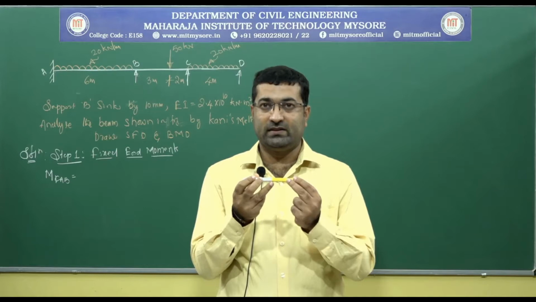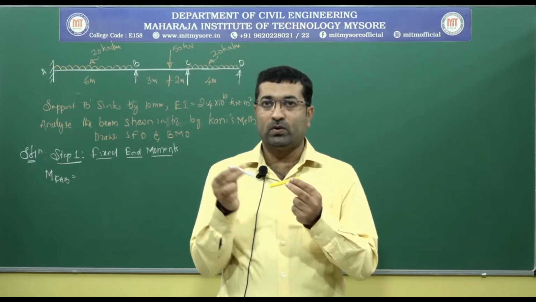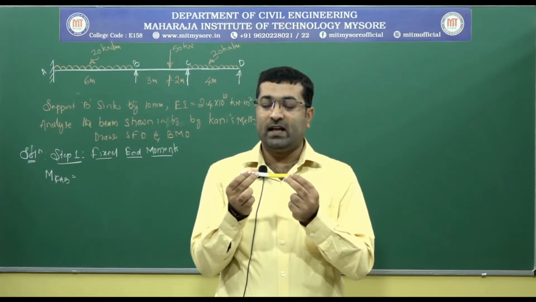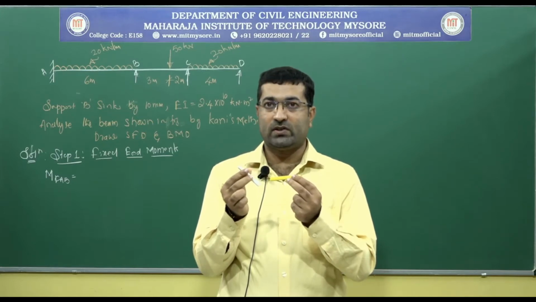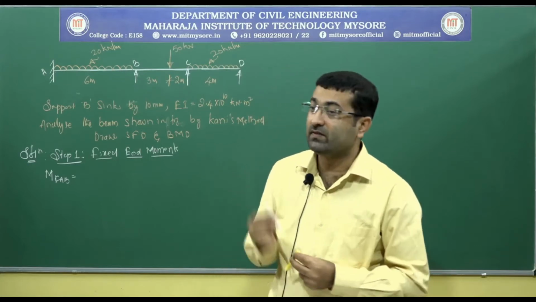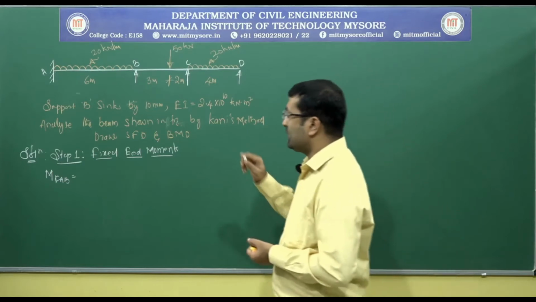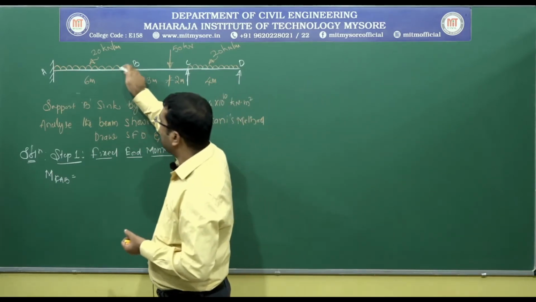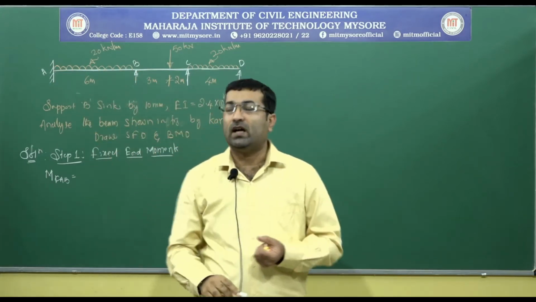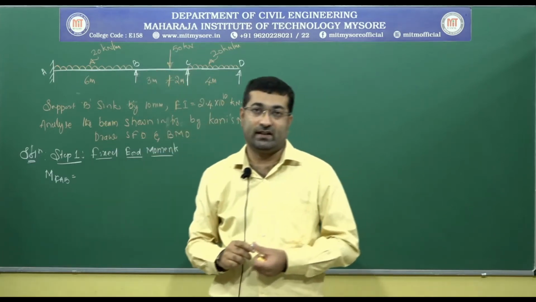If support B, this junction, is sinking, then you can see both spans AB and BC are getting affected. The span AB is rotating in the clockwise direction because of sinking, and span BC is rotating in the anti-clockwise direction because of the same support sinking. It means the delta value, the sinking value for span AB, is positive, and the sinking value delta for span BC is negative.